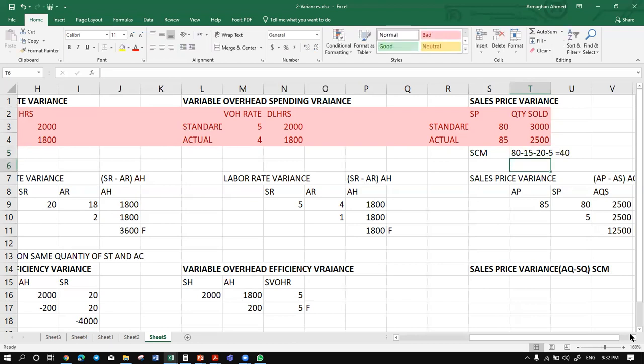Understand? So standard contribution margin means simply, right?